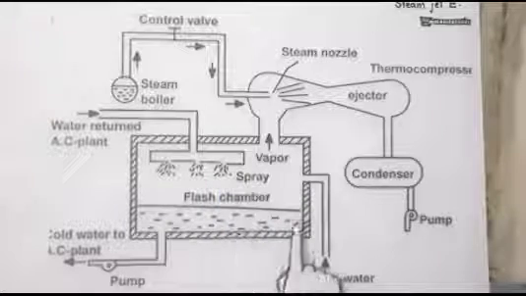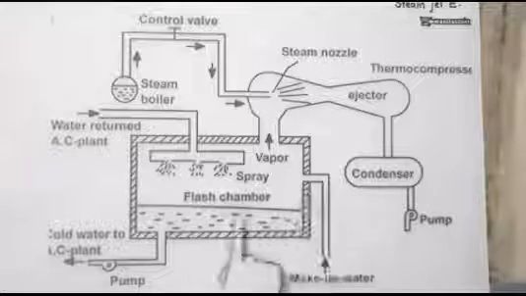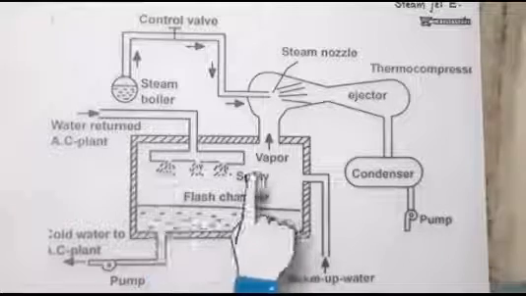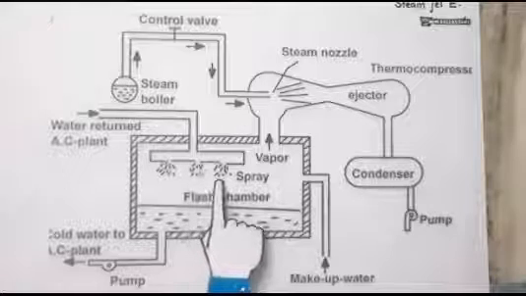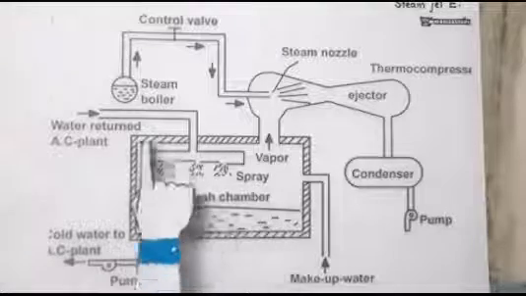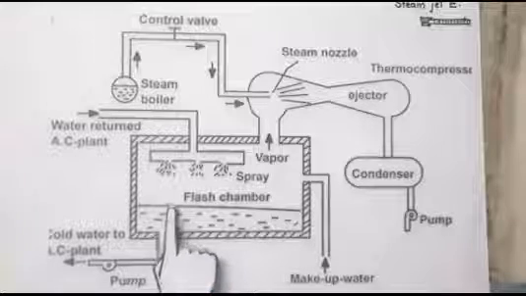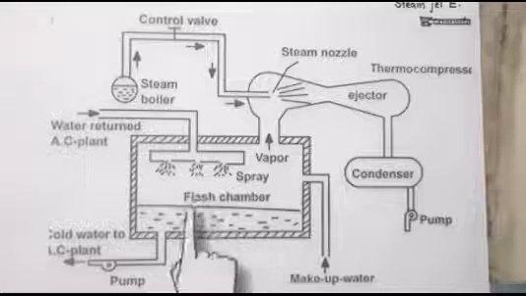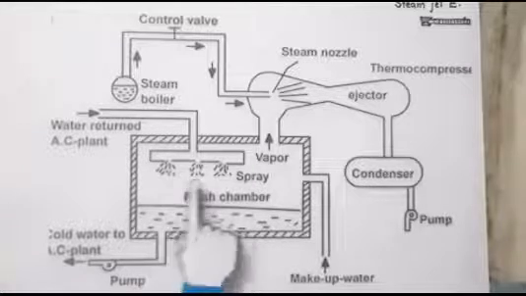This is a chamber which contains water, and we want to decrease the pressure of this chamber below atmospheric pressure. As we have seen, when pressure decreases, the boiling temperature also decreases. So if we are able to decrease the pressure of this chamber, the fluid's boiling temperature will decrease, it will reach its boiling point at normal atmospheric temperature, and it will start evaporation.